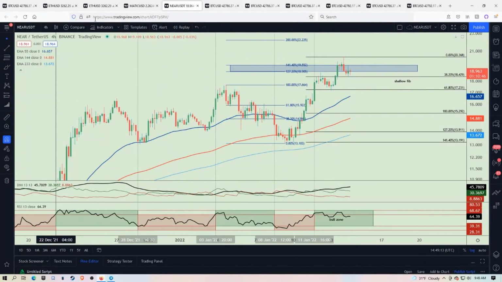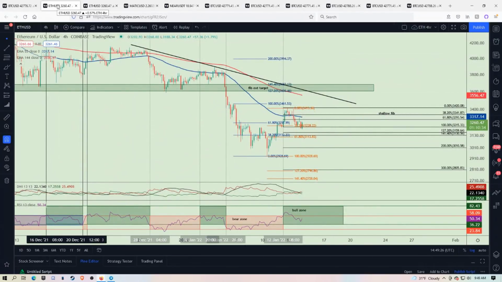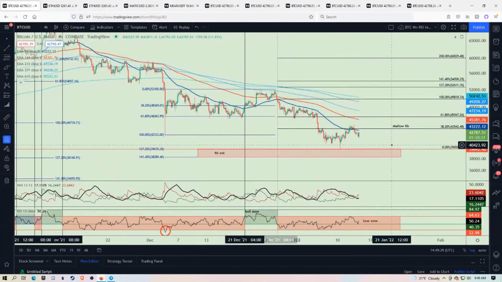But that's where I'm at on NEAR. Really, that's all I have. I bought the Ethereum, and I've just been holding that. I have not bought any more Ethereum. At least Bitcoin's printing a bullish engulfing on the 4-hour right now and got some hidden bullish divergence going on. So Ethereum probably pulls maybe even through here. Now that I look at it, the one thing I like about Bitcoin right now is the bottom of this bull zone line right here, where it touched on the RSI.